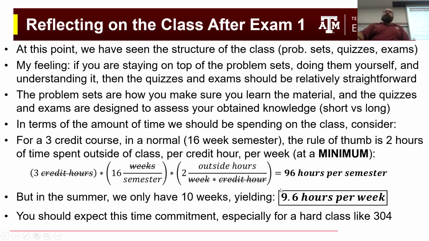If you're doing the problem sets yourself, not using outside resources, really grinding through every problem, sitting with the things that you don't understand, struggling with them and working through those difficulties, then about 10 hours is expected.